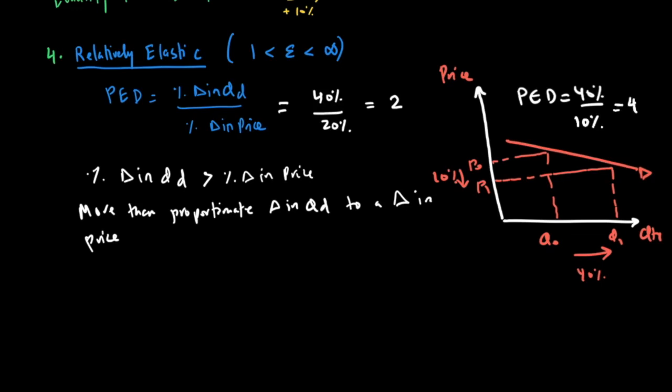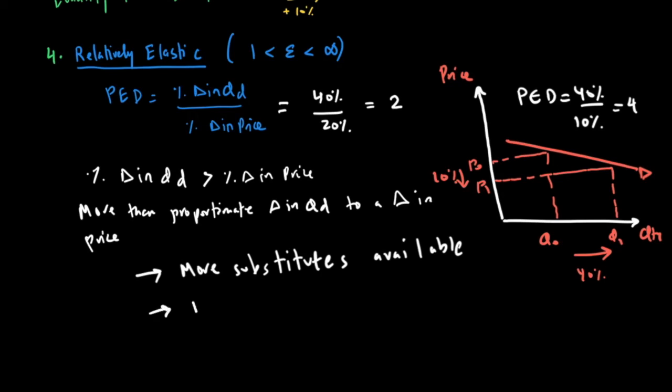So, in this case, what we say is that there is a more than proportional change in quantity demanded to a change in price, and the reason is basically that there are many substitutes available. So there is a possibility of people to switch very easily.